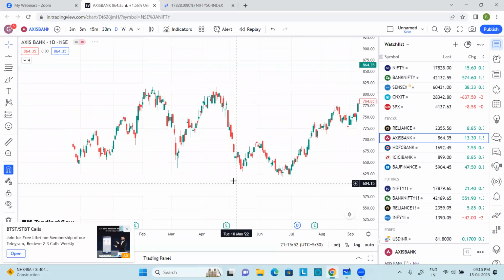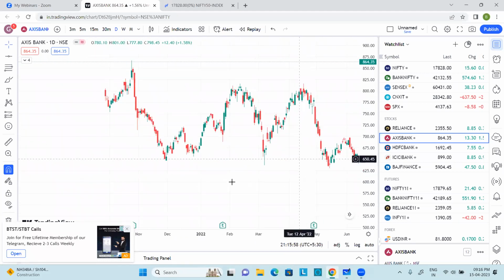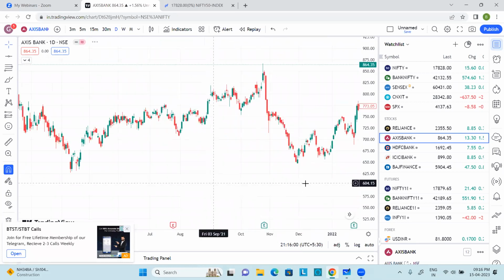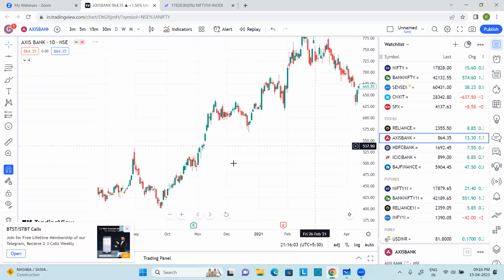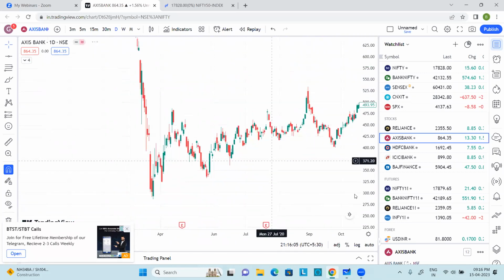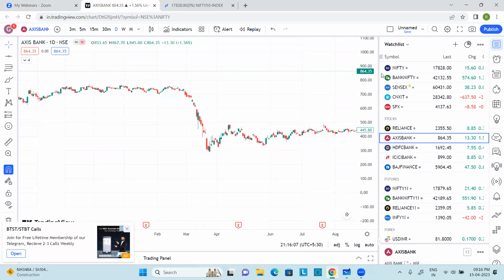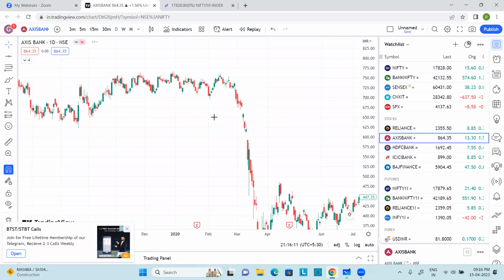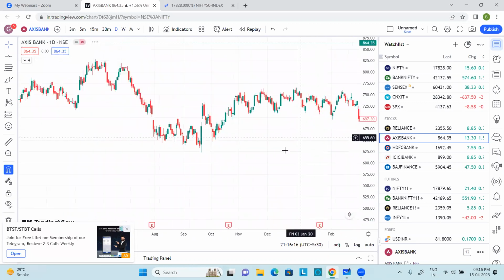I mean, look at some scripts which have given a breakdown below the support. Anybody, you can look at your charts if you have, and you can tell me. Inverted head and shoulder.